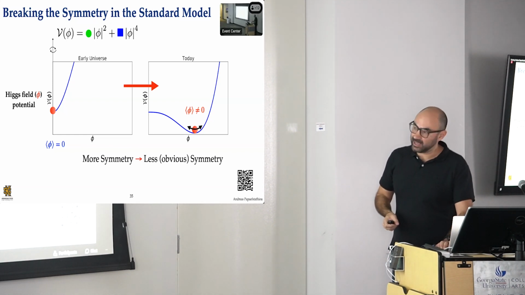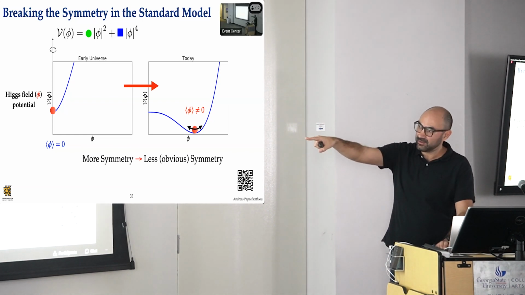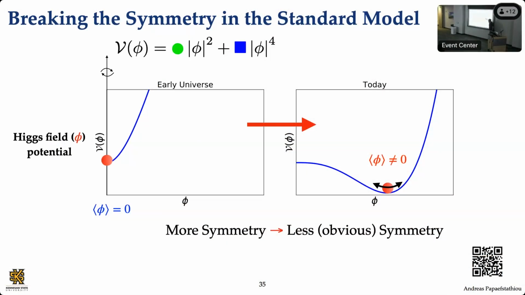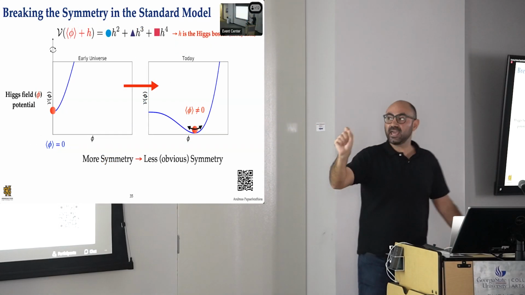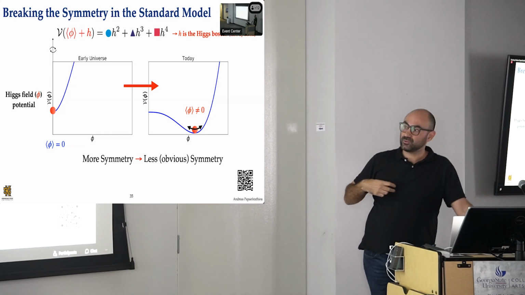Okay, so I'm going to plug in phi with the brackets plus h into that, and just expand it, and I get something like this. And basically, if you work with this kind of minimum, then you're doing physics around the minimum, and you're doing physics with h instead of phi. And that h is the Higgs boson, the physical scalar that we discovered at the LHC in 2012.